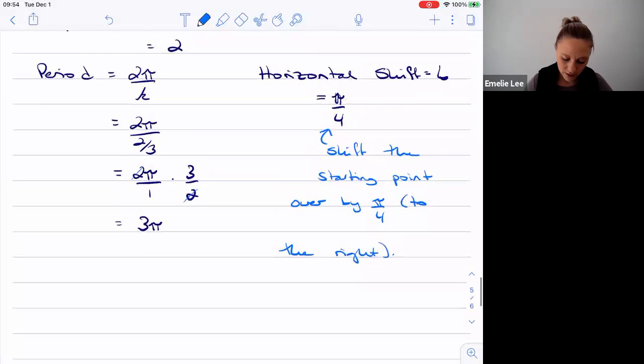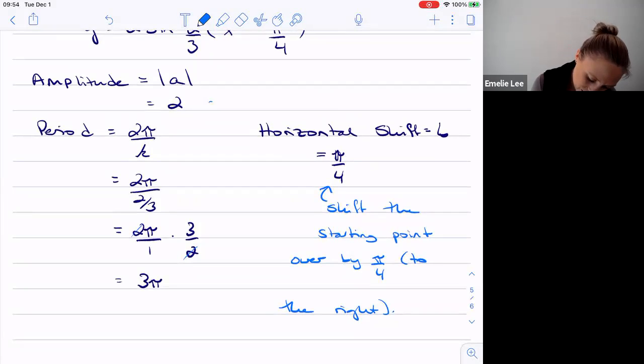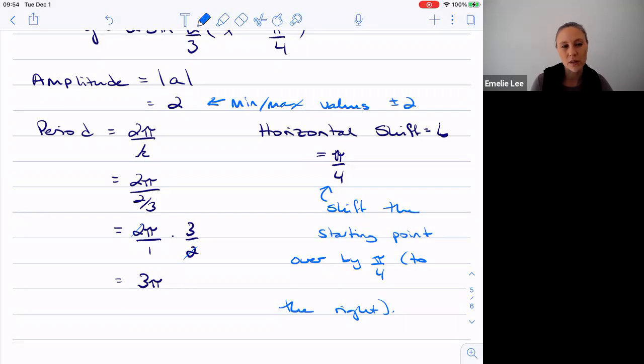Okay, so let's see here, the amplitude, right? Our min and our max values should be at plus minus 2 then, right? Because now from the x-axis, I'm going up a height of 2, but I know that I'm going to fluctuate between these two values, plus minus 2.